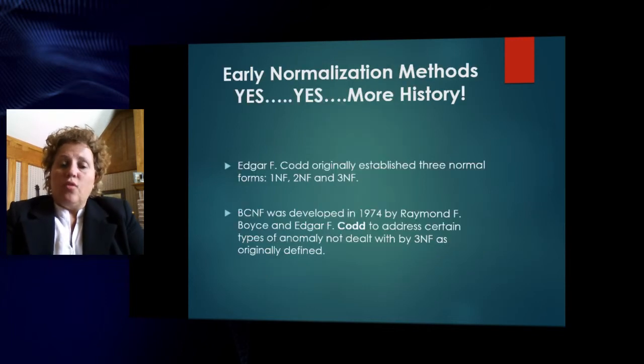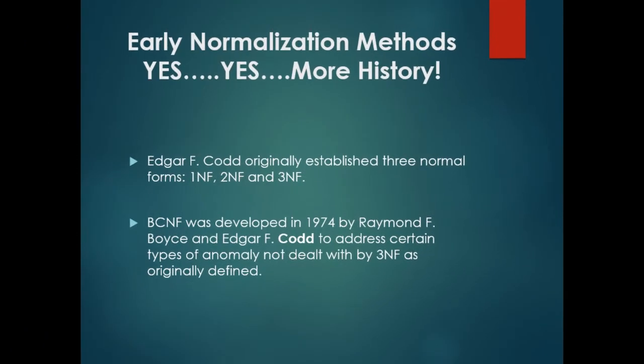In 1974, Edgar F. Codd and a gentleman named Raymond Boyce joined forces and presented a normal form called the BCNF model.